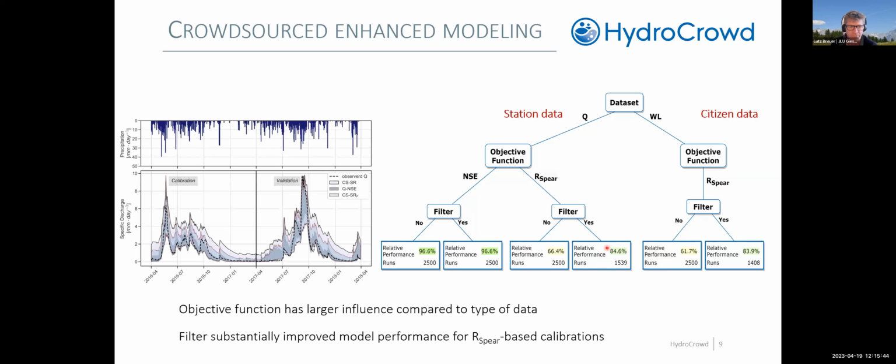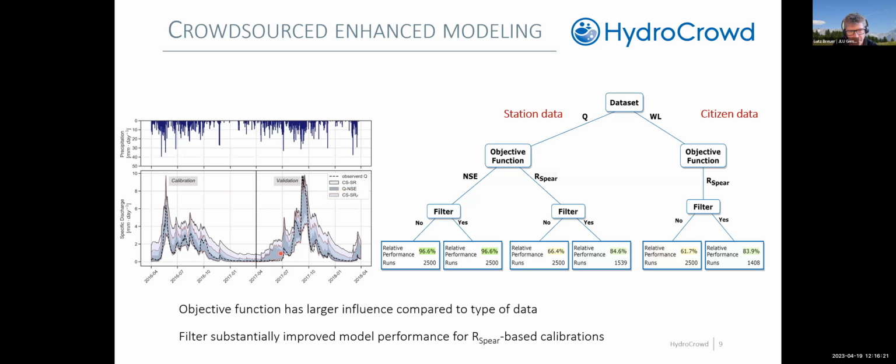How does such a graph look? Here to the left, you can see the time series we were testing for the calibration period, and for the validation period to the right. In this graph, I only show the citizen science data, CS, with the Spearman rank correlation and the Spearman rank correlation with the filter, and the optimum again as a comparison, the NSE, so the efficiency of the approach using the measured data from the station.